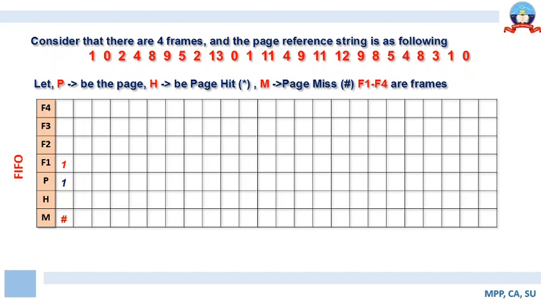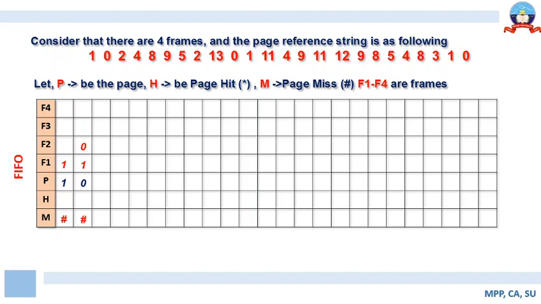Once page number 1 is placed onto a particular frame, we then have a request for page number 0. Since page number 0 is also not available in the memory, again we have a page fault or page miss. As it is not found in the memory, it is loaded from the secondary memory onto the main memory.